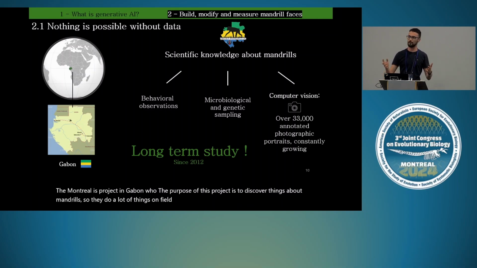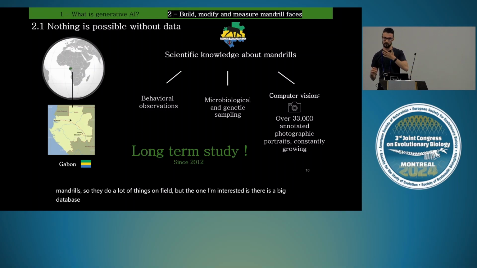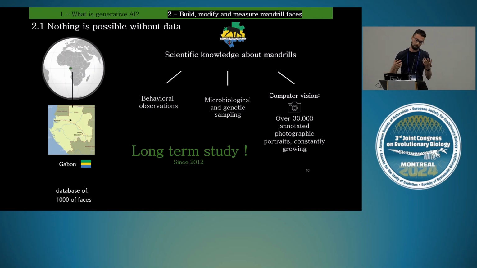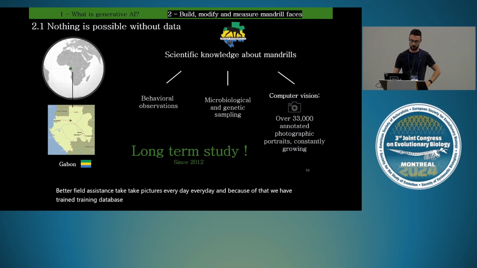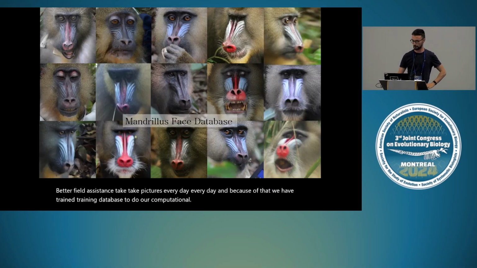But the one I'm interested in is a big database of mandrill faces, thousands and thousands of faces. Field assistants take pictures every day, and because of that, we have a training database to do our computational vision work.